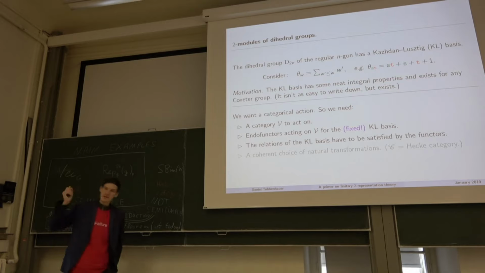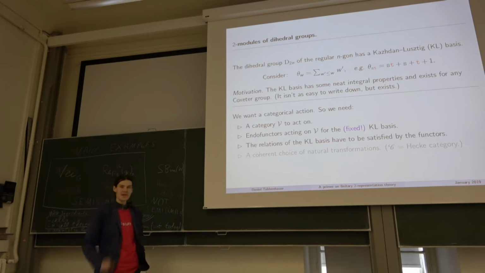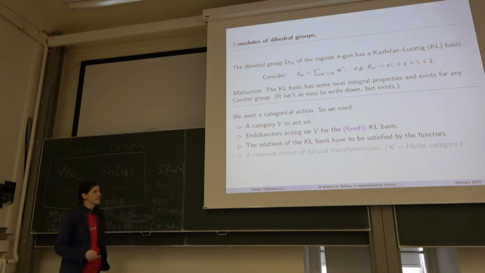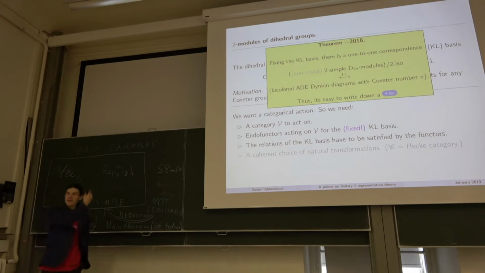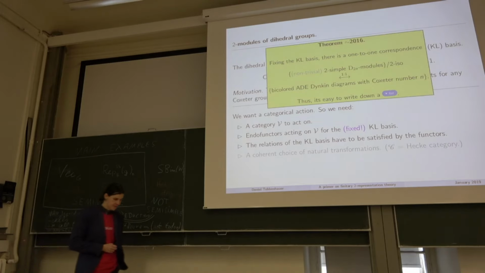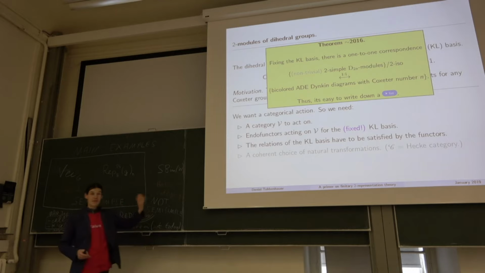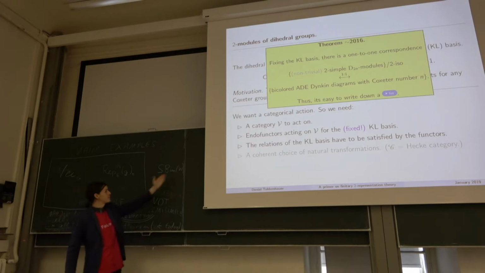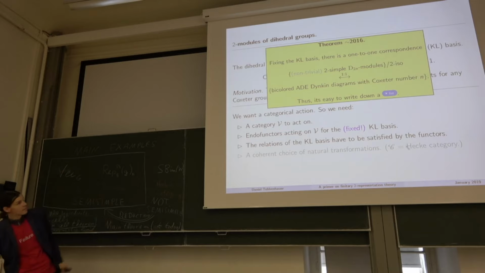But this is what you should keep in mind. You fix the basis, and you want functors for your basis elements satisfying the relations of your basis elements. And it turns out that this is a classification in this case. So, Soergel bimodules stated otherwise. Soergel bimodules for the dihedral case, for the dihedral group, I have two simples indexed by ADE Dynkin diagrams. Okay, so the non-trivial ones.